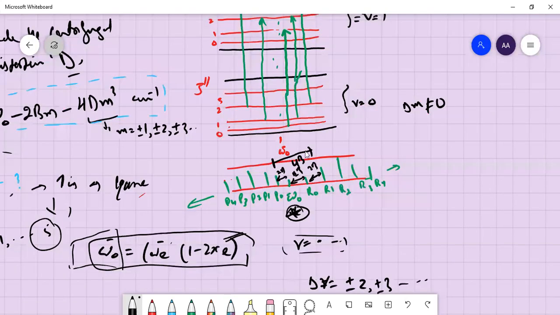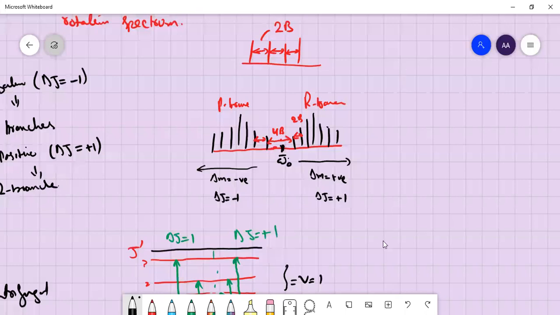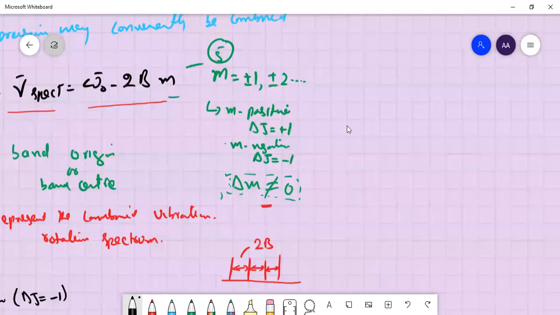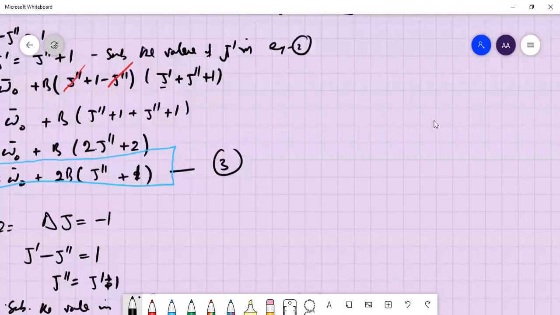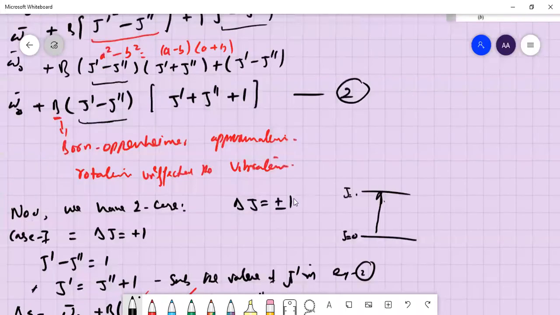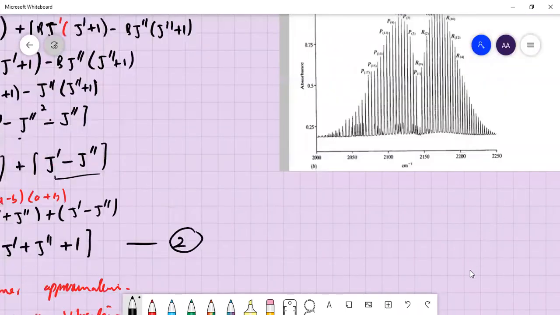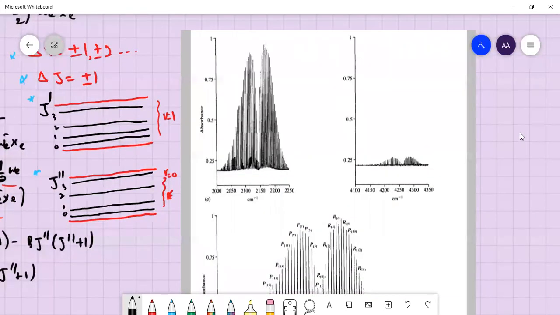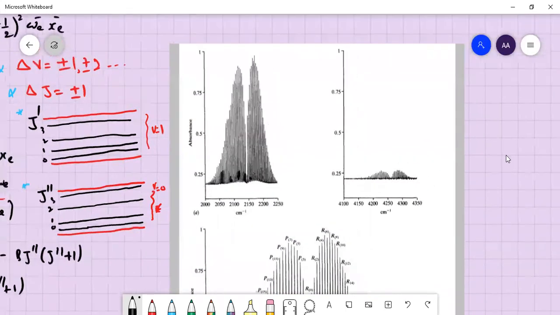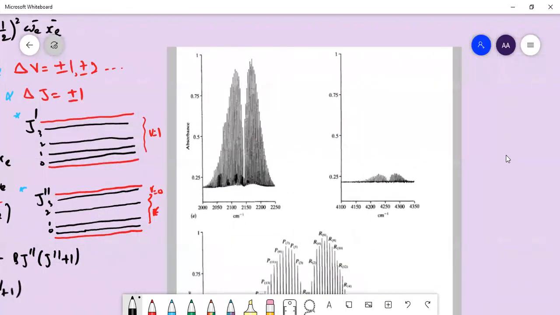Now let's see the actual spectrum of vibrating rotating diatomic molecules. Then you will know what kind of spectrum you can get from a vibrating diatomic molecule. So this is the actual spectrum of your CO, carbon monoxide.